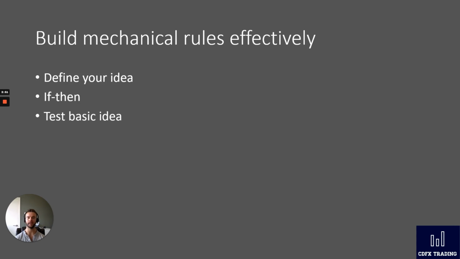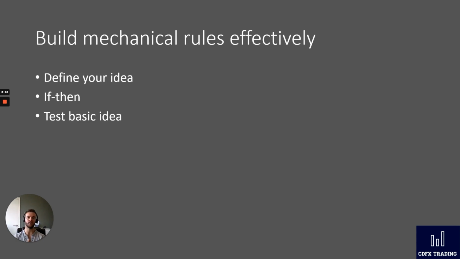The next thing you want to do is test that basic idea to see, first of all, is this somewhat profitable? And also to see if your rules are mechanical enough, because if they're not, you will find that very quickly when you're testing the strategy. And that's totally fine, because then you go back to the drawing board, you define your rules again, to adjust them, to make them more mechanical.